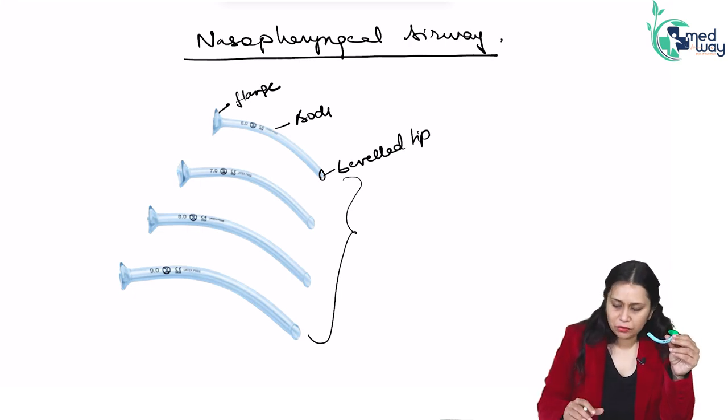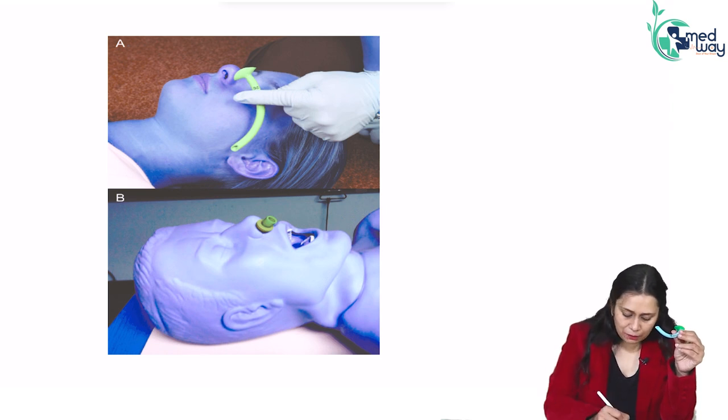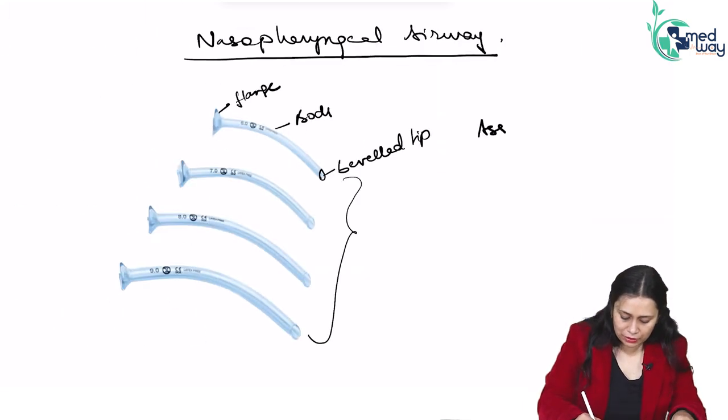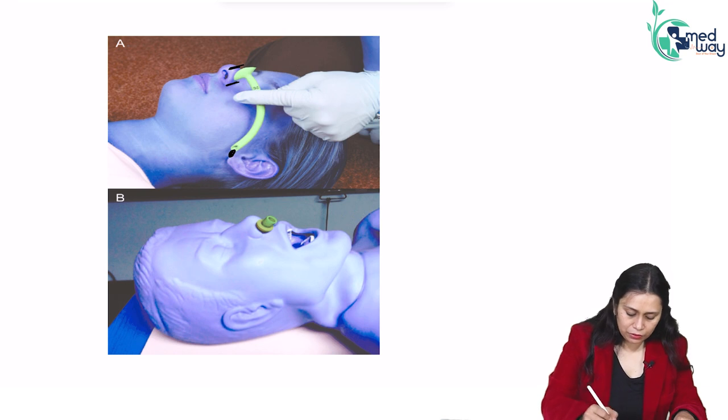So the first thing we do is choose the correct size. How do we choose the correct size? By measuring from the ala of the nose, or the tip of the nose, to the ear lobule.